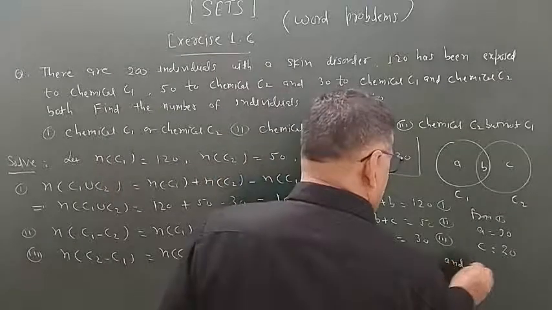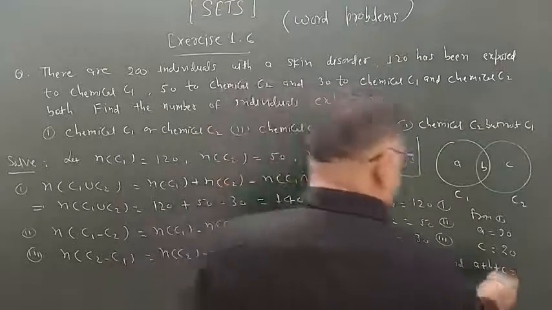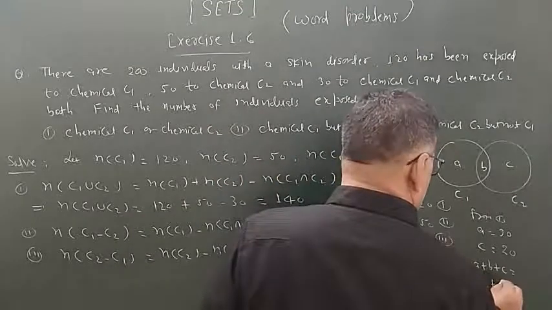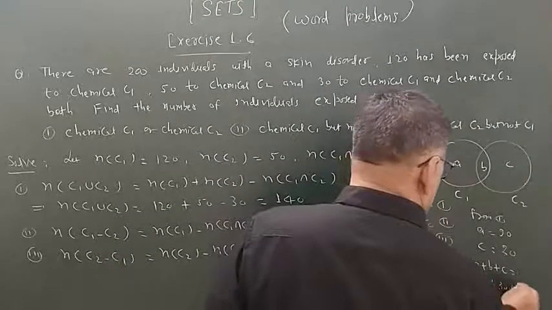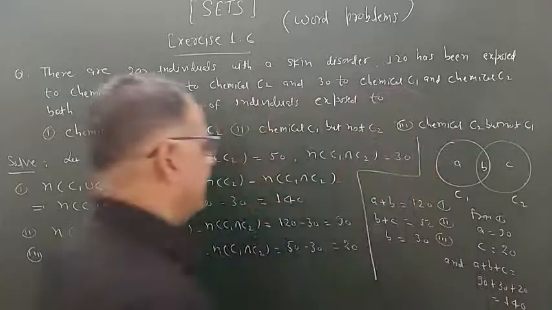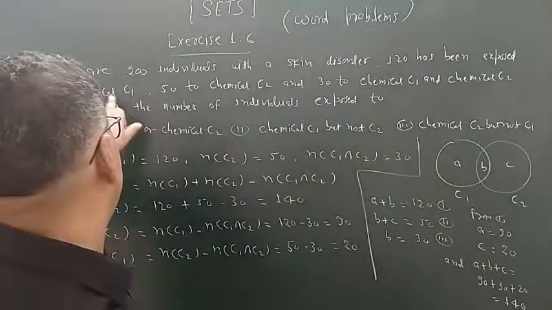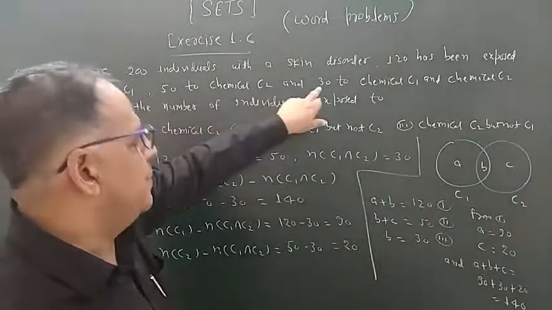And A plus B plus C is equal to 90 plus 30 plus 20, that means 140. A plus B is 120, B plus C is 50, common element 30.